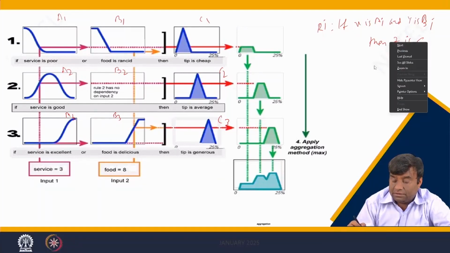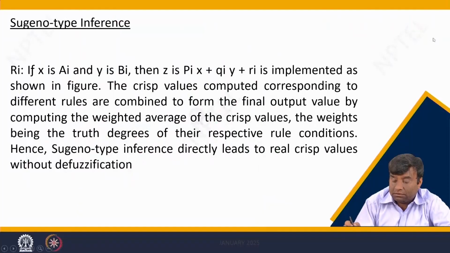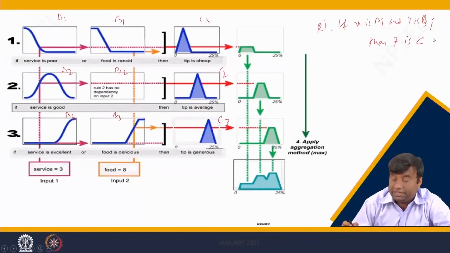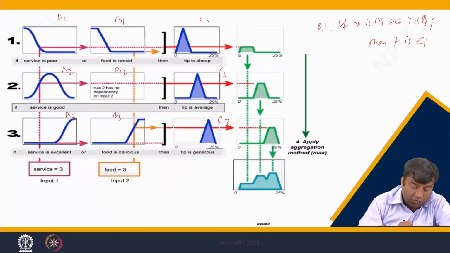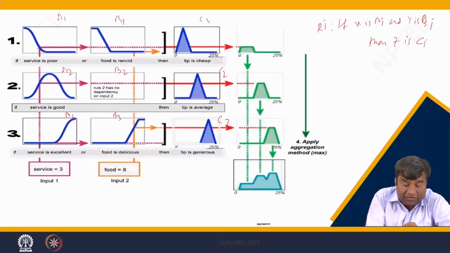So here X means the service and Y means the food. So the input of service is 3, and here this is some value.